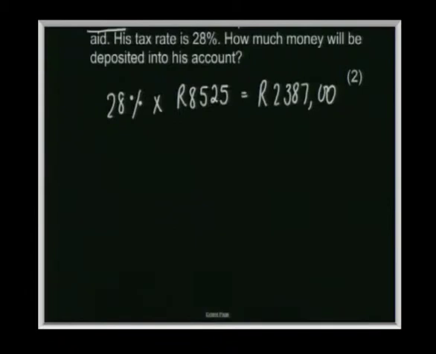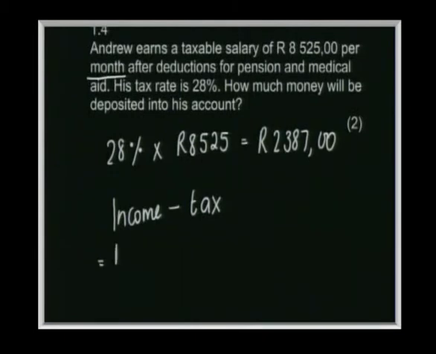So the money that is going to be put into his bank account is actually going to be his income minus his tax, which is going to be, let's go back and check, 8,525 rand.